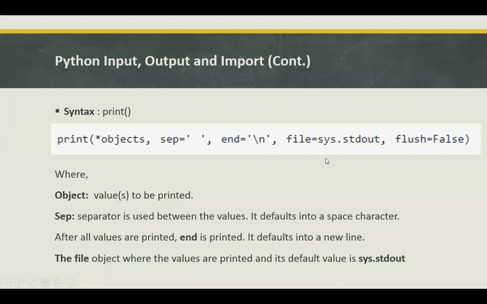And file is equal to sys.stdout. This is the file object where the values are printed, and the default value is sys.stdout. Whatever values are there, these values are printed.